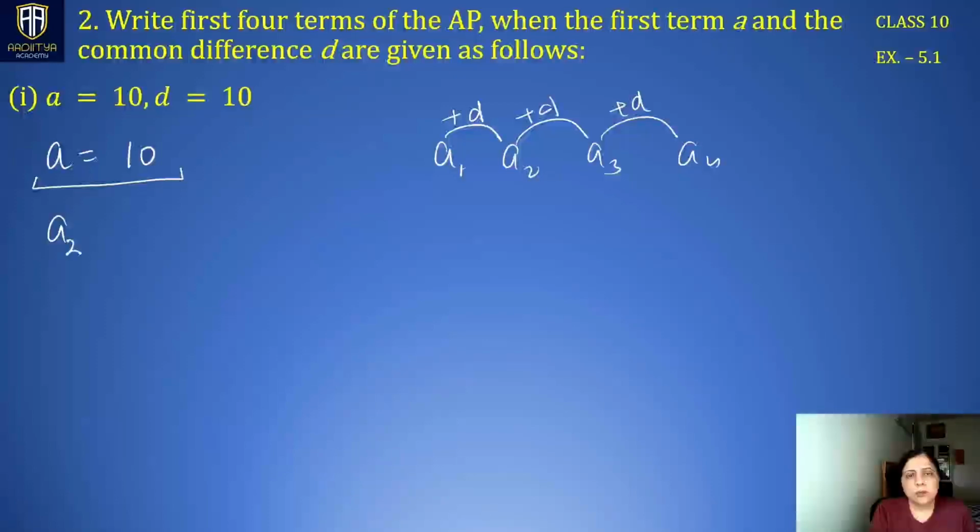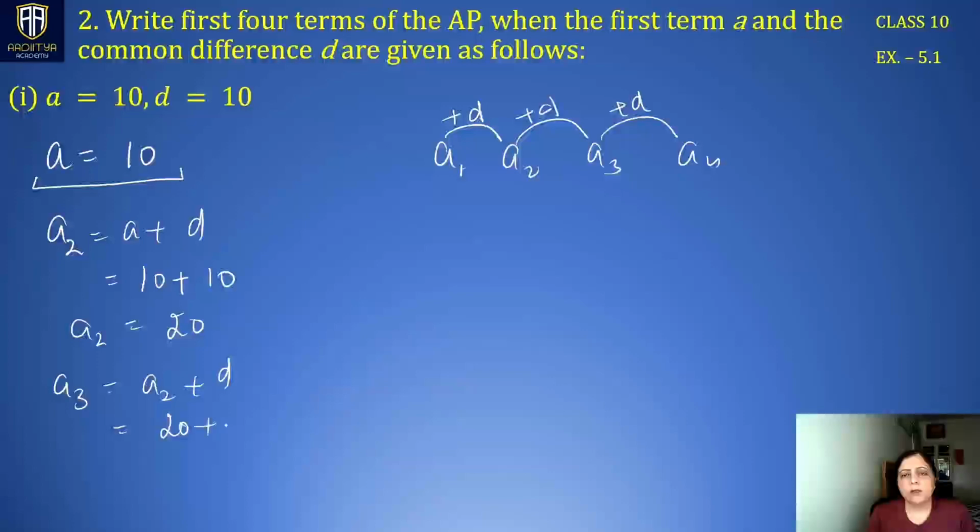So A2 becomes A plus D. A is 10, D is also 10, right? So it means A2 is 20. Now A3 is A2 plus D. A2 is 20, D is 10. So A3 is 30.